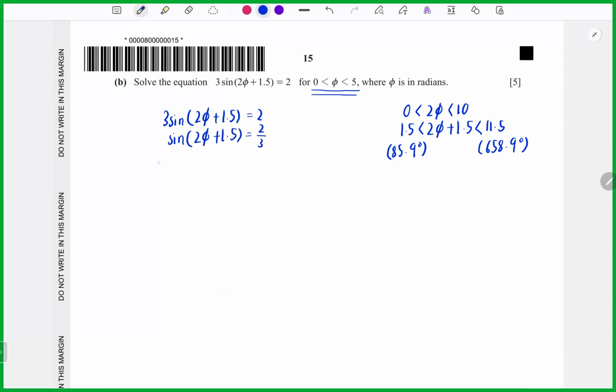Sine 2 theta plus 1.5 equals to 2 over 3. So we can try to find the reference angle first. Equals to sine inverse 2 over 3, so equals to 0.730. Okay, so 2 theta plus 1.5.